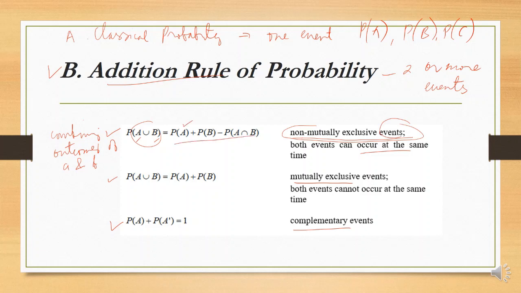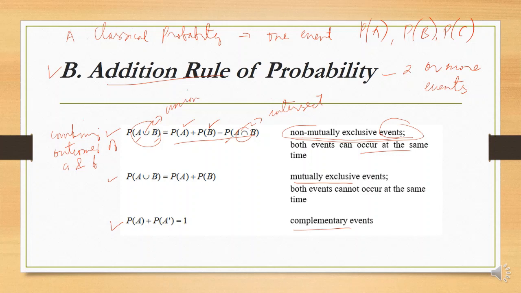You get the probability of A, you add the probability of B, and then subtract the probability where A and B intersect. This one is intersect. This one is union. Okay?